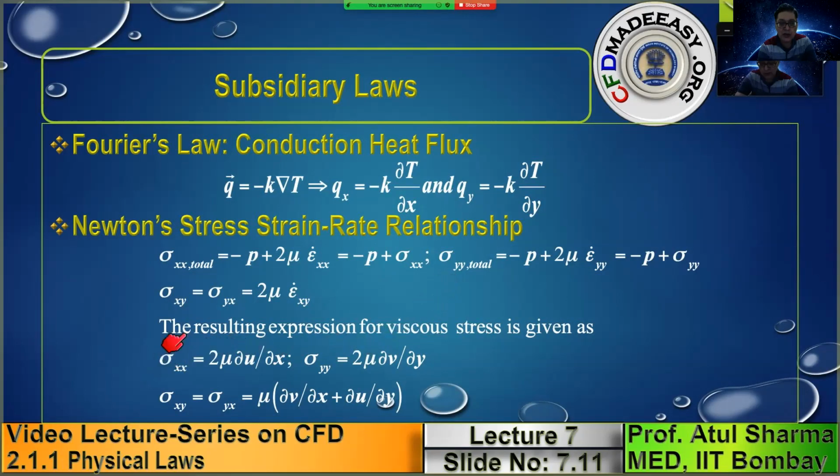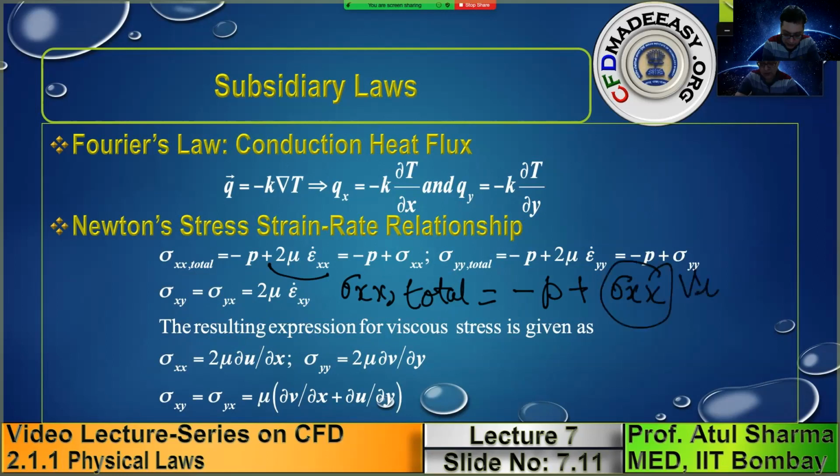So I am representing sigma xx total as equal to minus p plus sigma xx, where this sigma xx is the viscous normal stress.